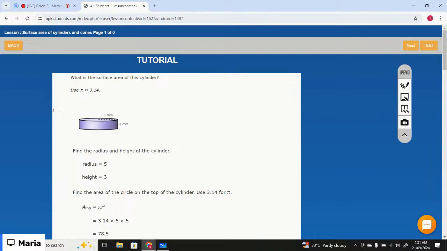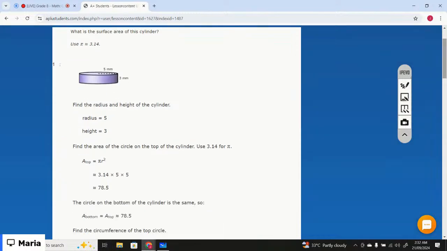Okay, what is the surface area of the cylinder? This cylinder. You are given the height of the cylinder and the radius of the cylinder, right? So first you need to find the area, like you have the top of the cylinder, the bottom of the cylinder, and then you have this portion.